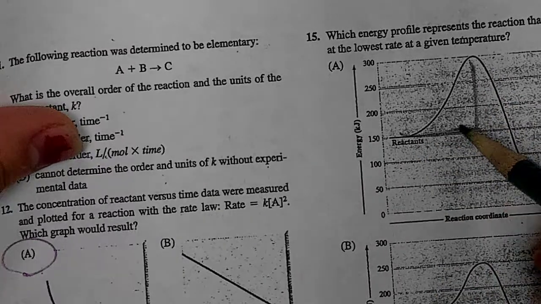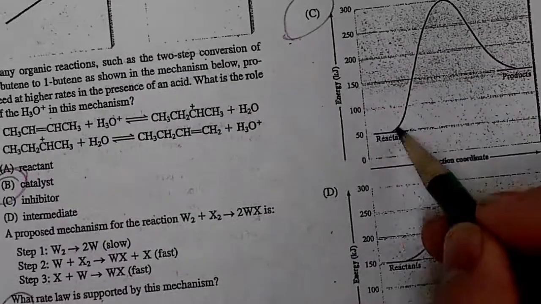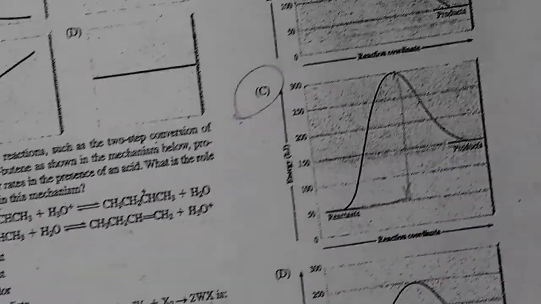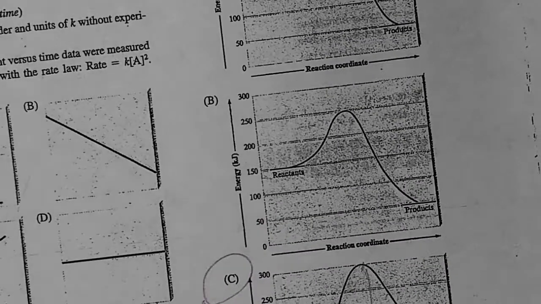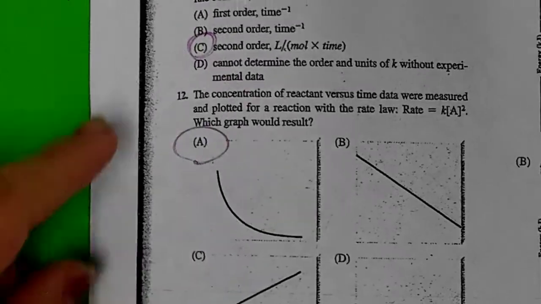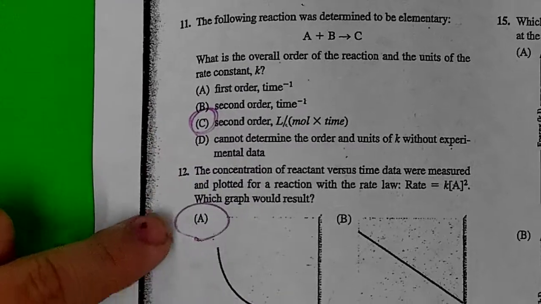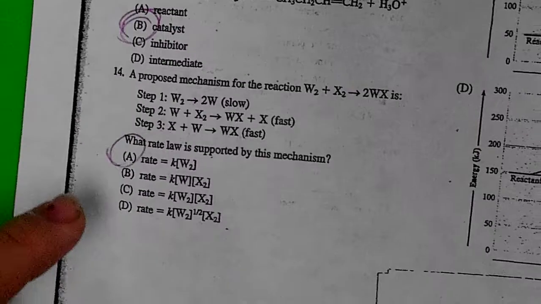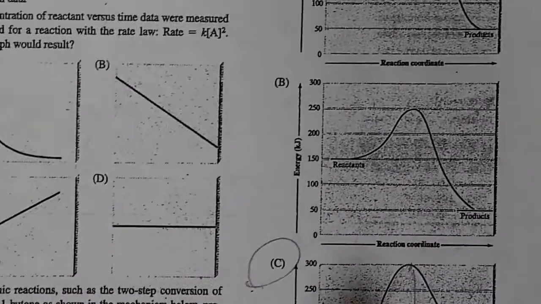So it's 150, right? I forgot that. Yeah, reactant to the top. Glad we see this. So 15 is C. I'm just going to go through: 11 is C, 12 is A, 13 is B, 14 is A, and 15 is C.